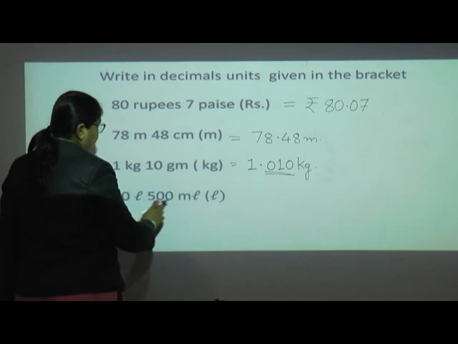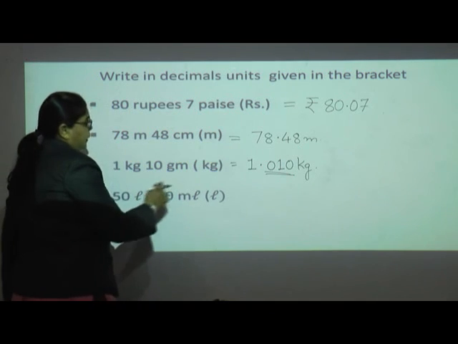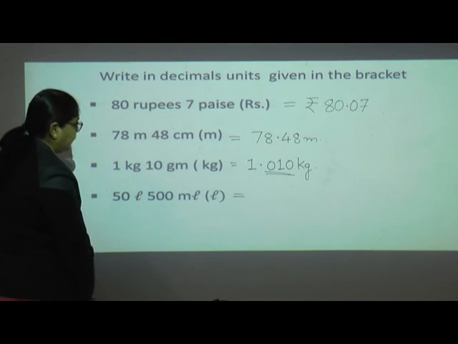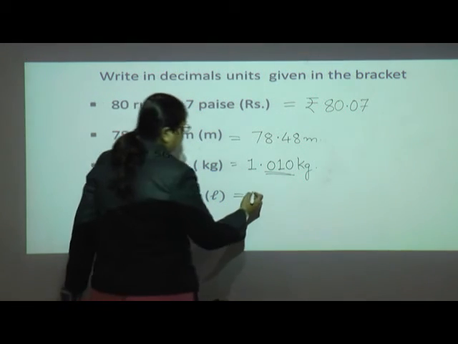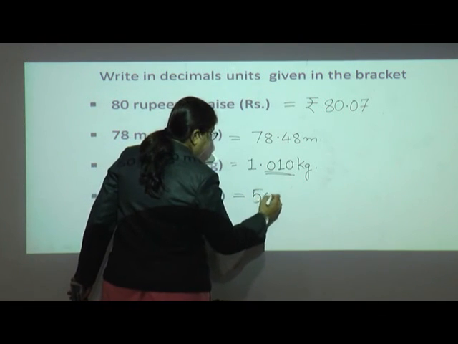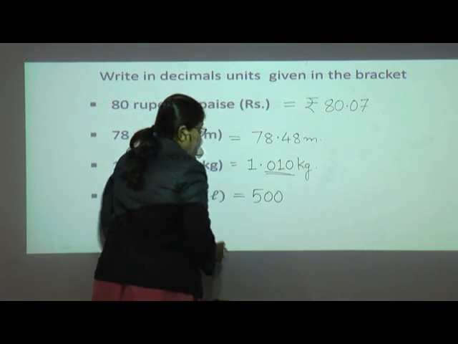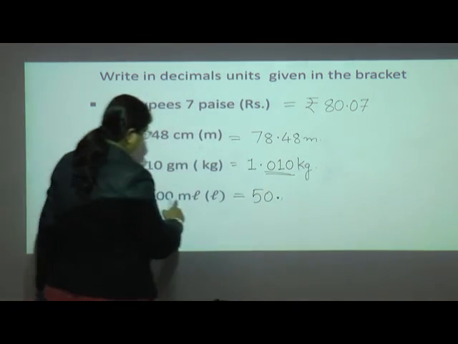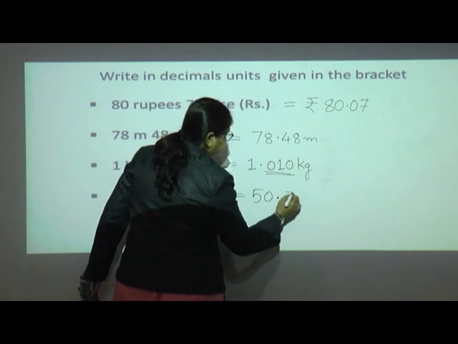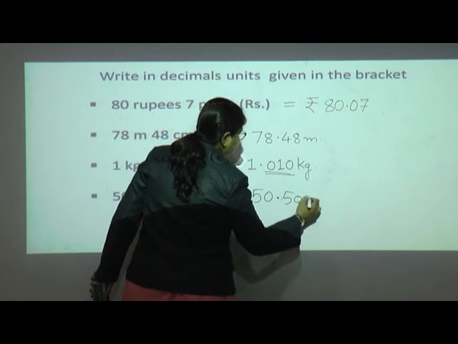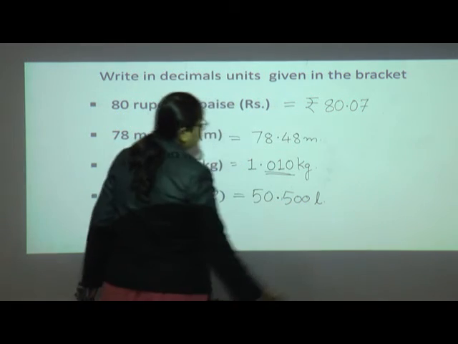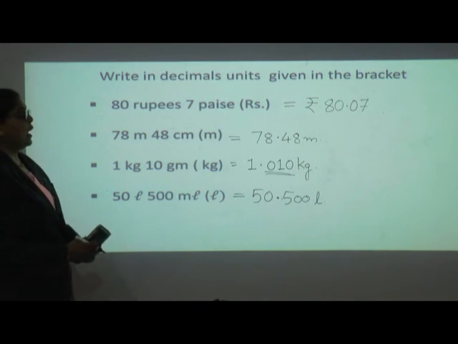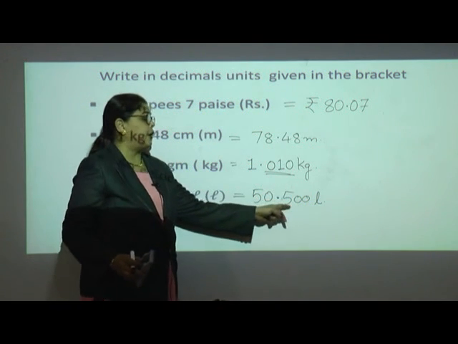50 liter 500 ml. Suppose we have some function at home, we collect 50 liters of milk. I will put a decimal, and 500 ml. Because I am taking it in liters, I have to write 50 liters 500 ml.